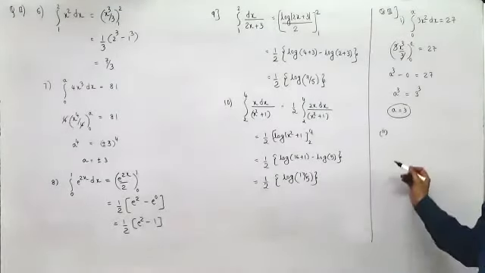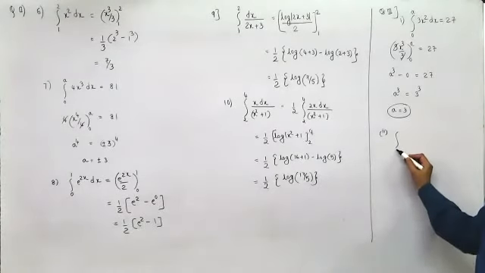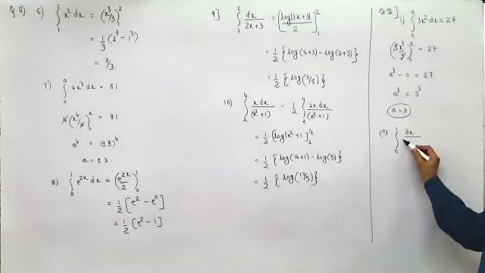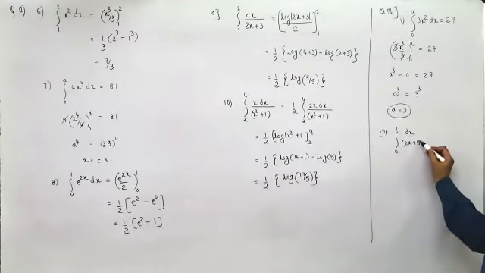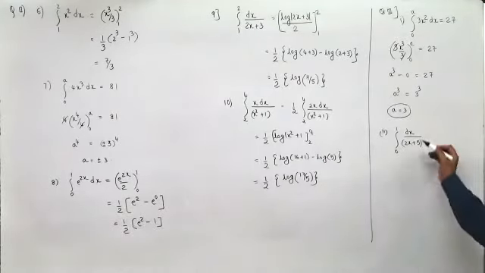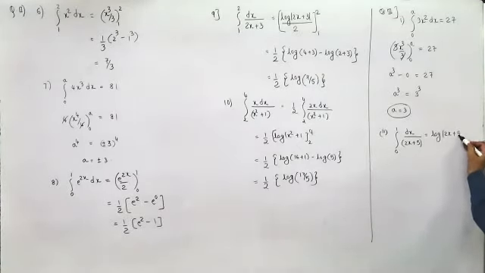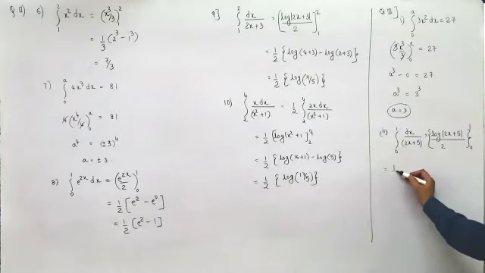Next, 1 upon 2x plus 5, between 0 and 1. This can be treated as x. 1 upon x would be log x, divided by the x coefficient, between 0 and 1. Take a half out.